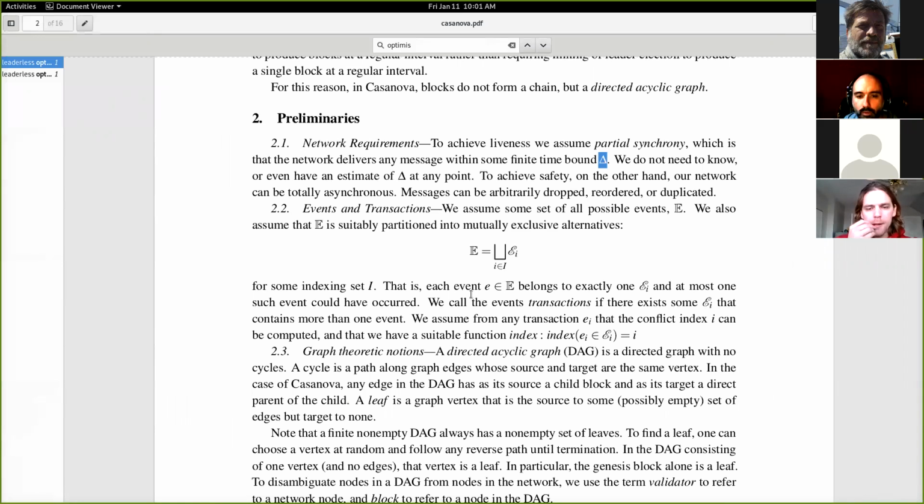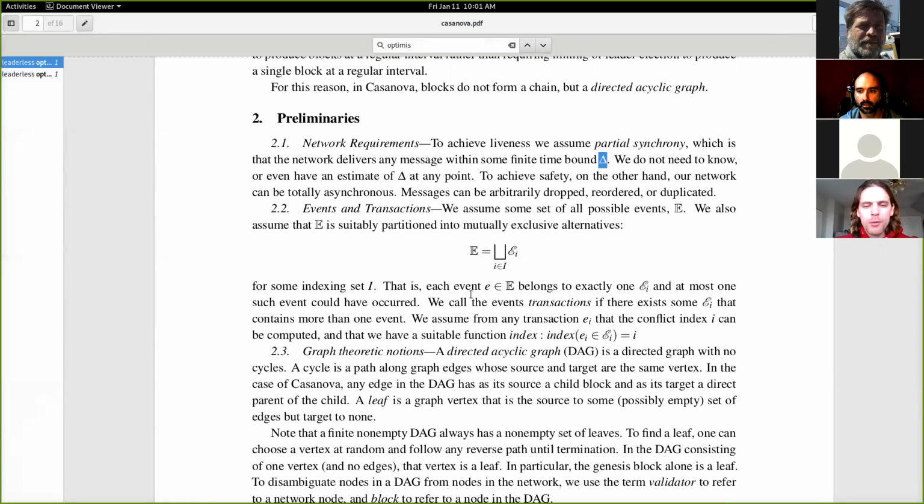But we know that it's not possible to have asynchronous consensus to be live, right? We don't have a proof of that. We cannot prove it.